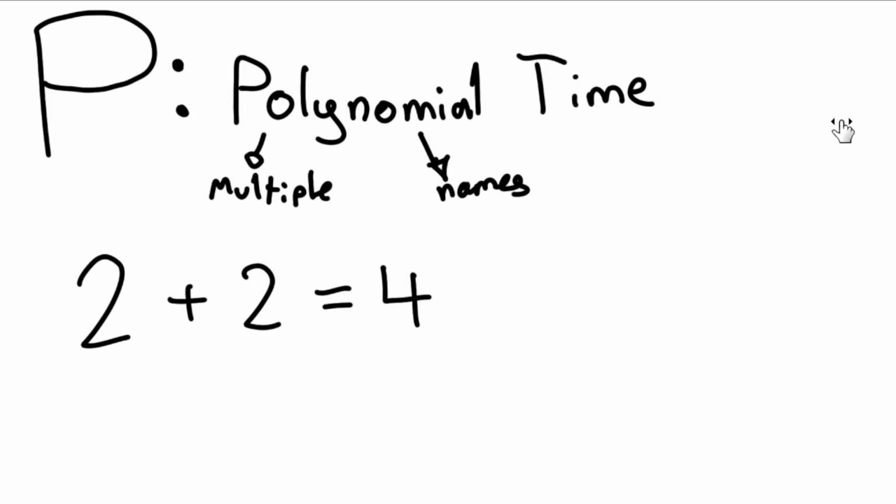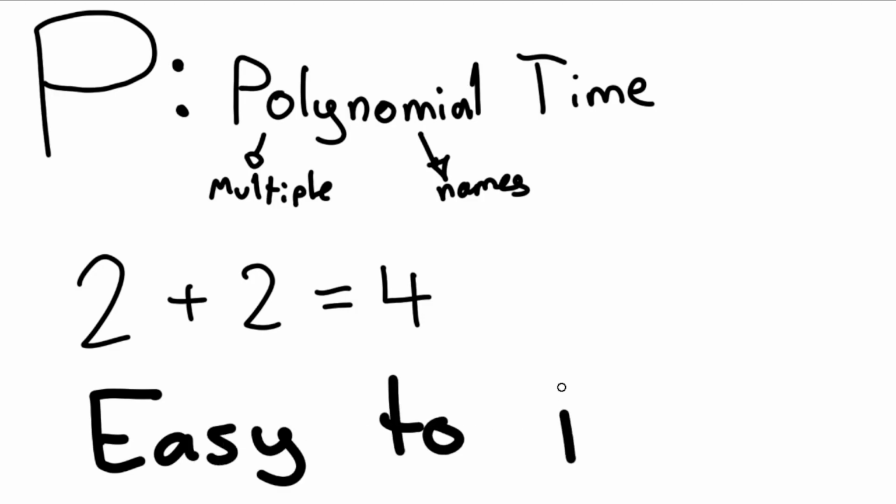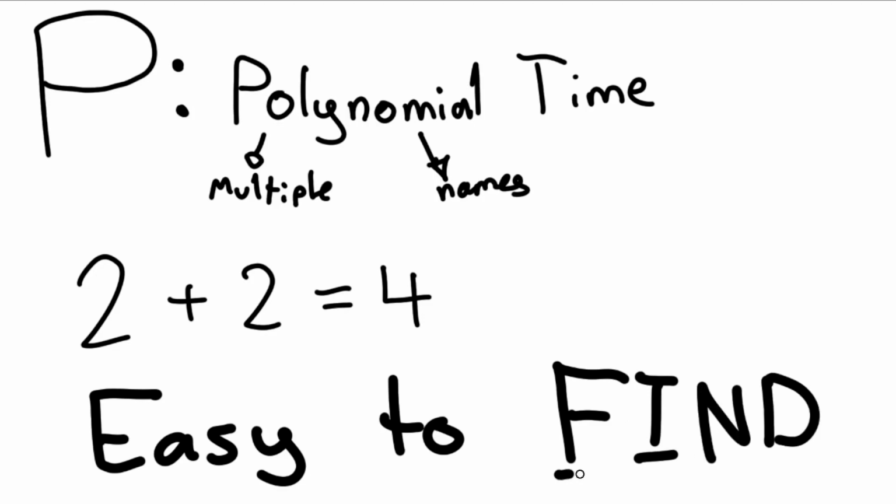So I'm just going to write it down: easy to find the solution. It's important to know a P problem is a problem where the solution is easy to find. All right, I hope this made sense.